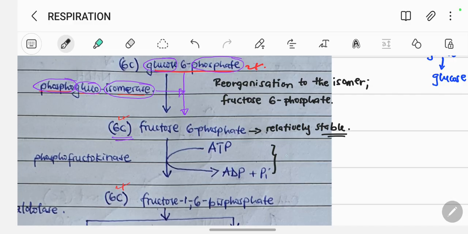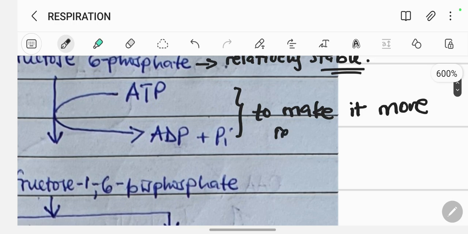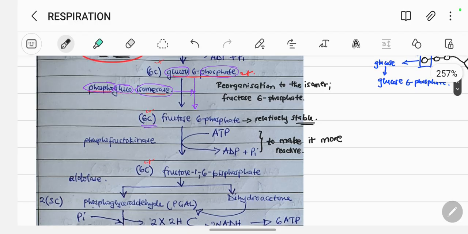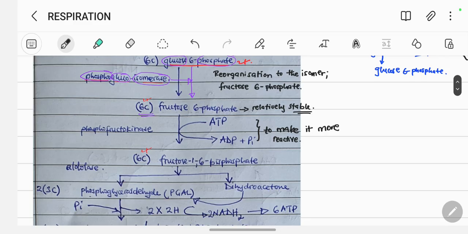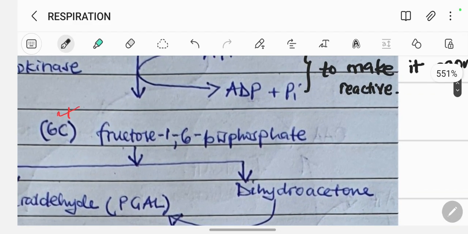So this one is to make it more reactive. So when you make it more reactive there, it's going to turn to fructose 1,6-bisphosphate. That one.